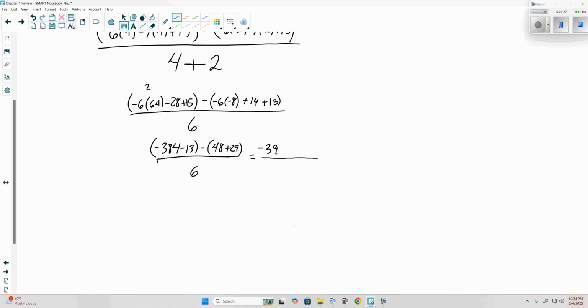Negative 397 minus 77 over 6. Negative 474 over 6. Negative 42.